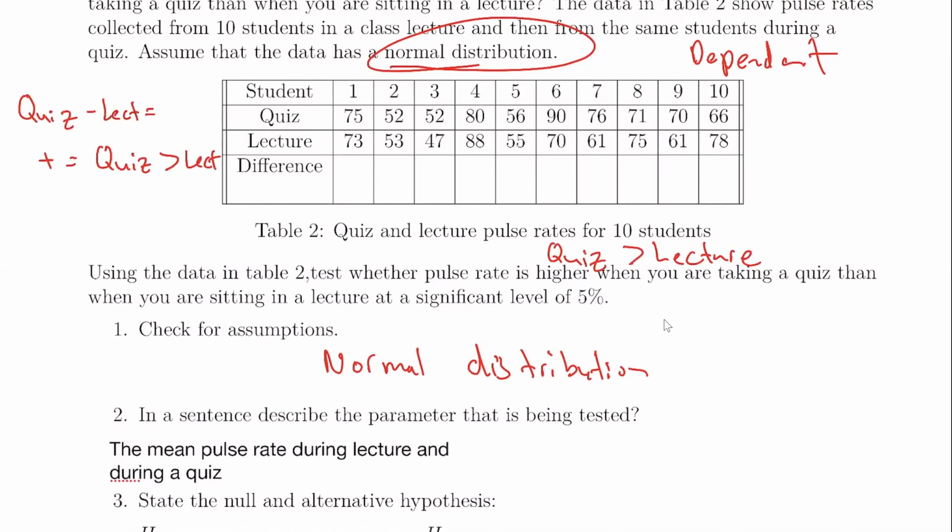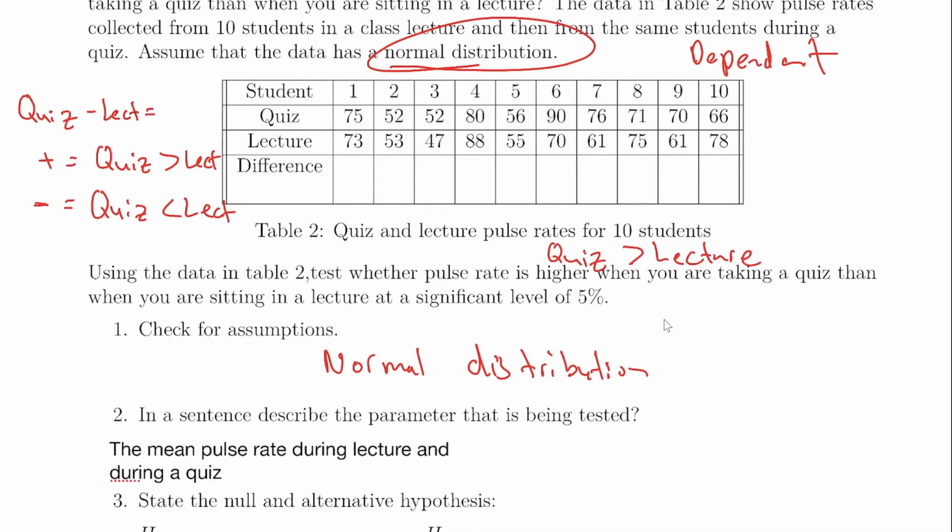The only way to get a positive number is if the quiz post rate is bigger than the lecture post rate. But a negative value means the quiz post rate is actually smaller than the lecture post rate.